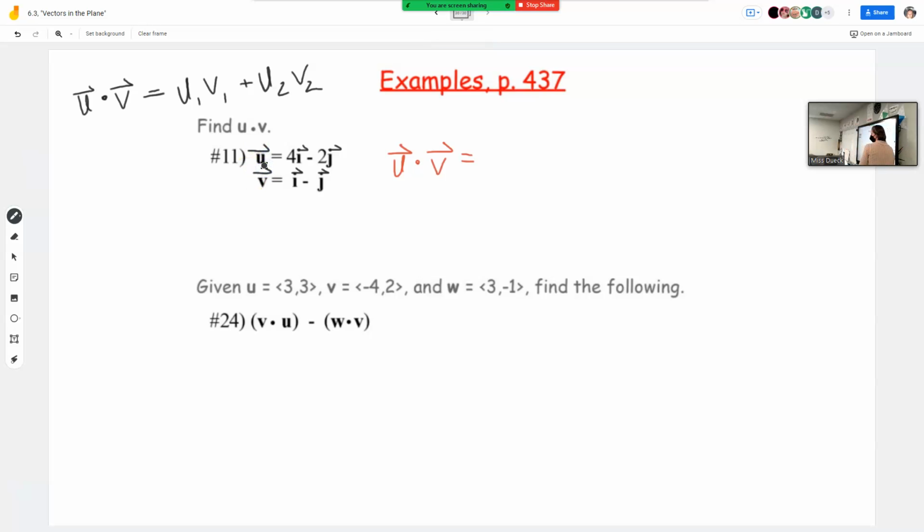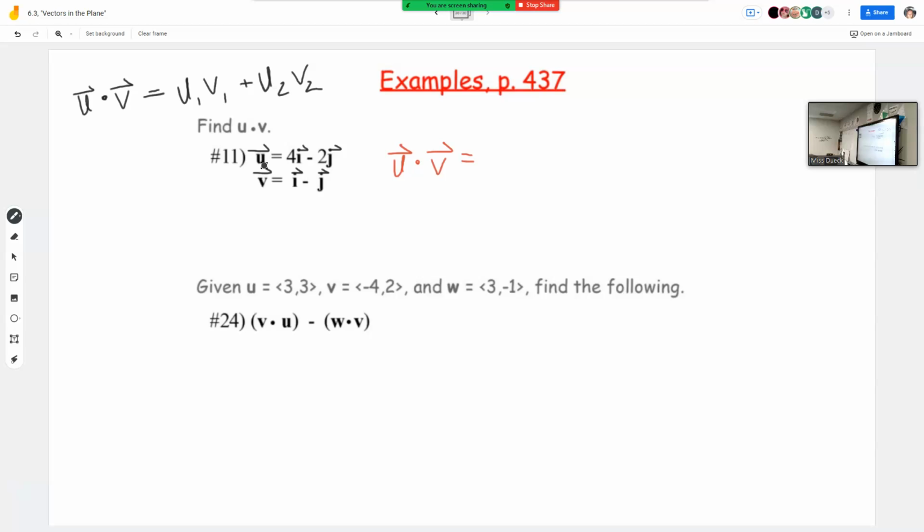Have you been putting vector arrows in your homework and in your work? Am I going to have to take off points because you're not putting vector arrows? Hey, look, there should be vector arrows here. Where are the vector arrows? Otherwise, they're just letters.